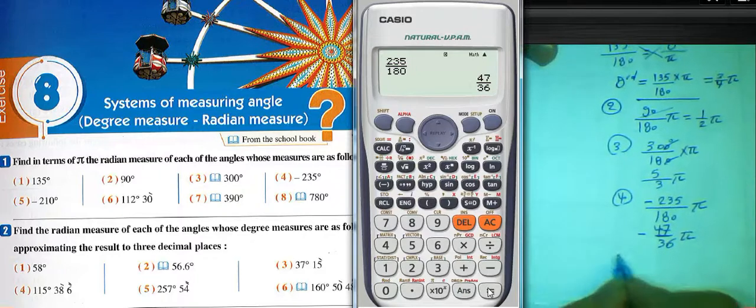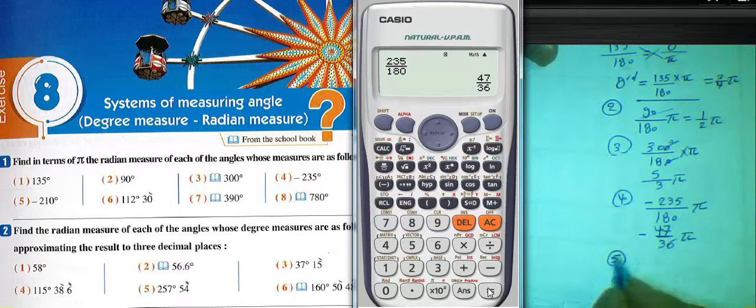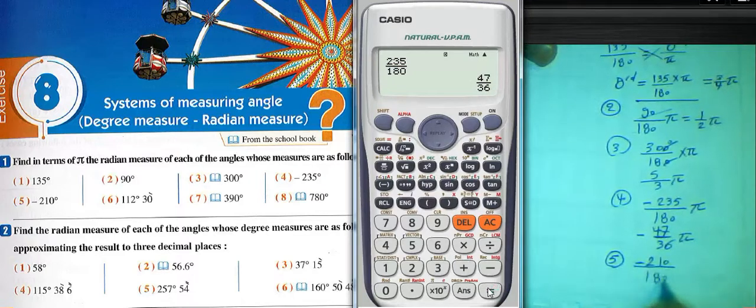Question number 5, negative 210. We can divide it by 180 and multiply by pi.